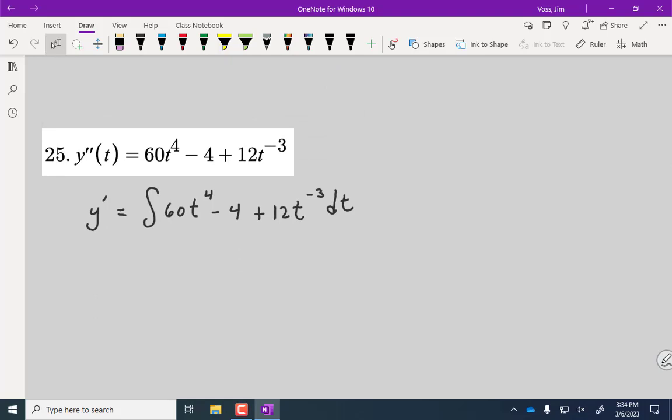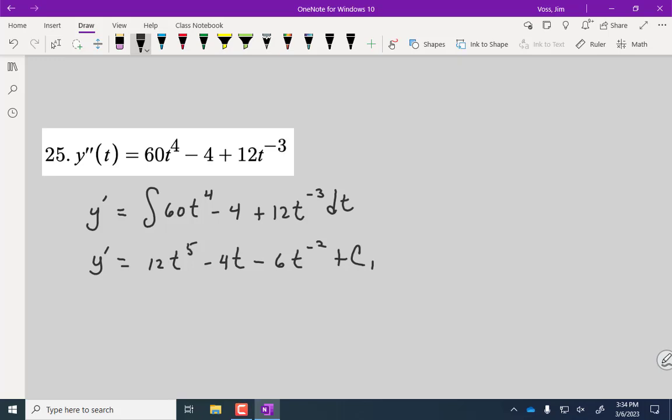So we integrate the right-hand side. And I'll put a C1. I know that we're going to have two constants of integration. So there is y prime. Now our goal is to get to y.